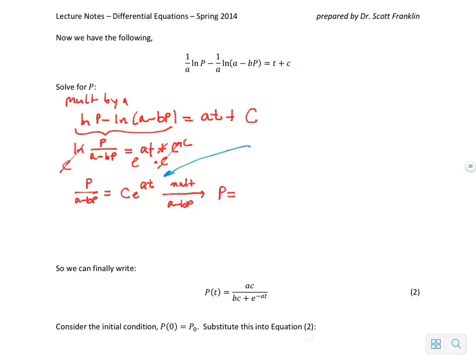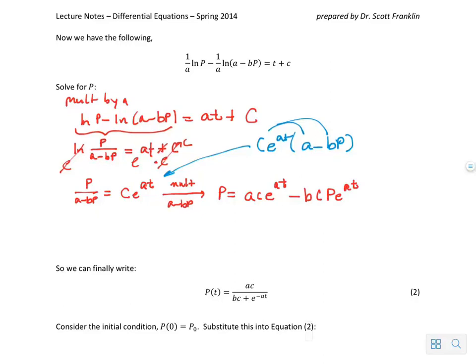I'm just going to distribute so I have space. If I had c e to the at times a minus bp, if I distribute this, I have a c e to the at minus b c p e to the at.